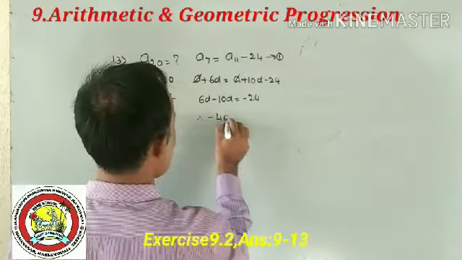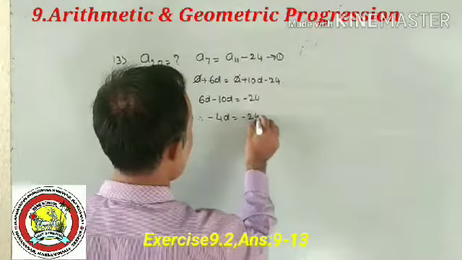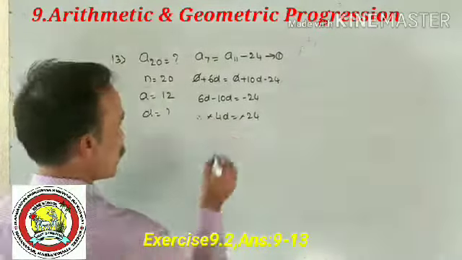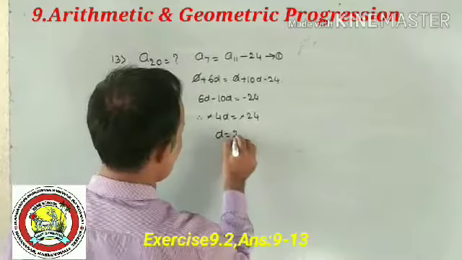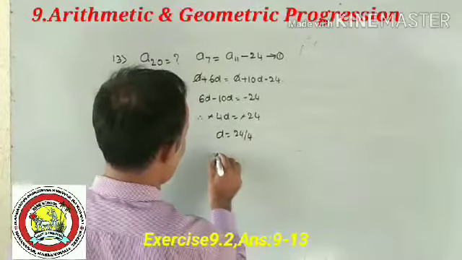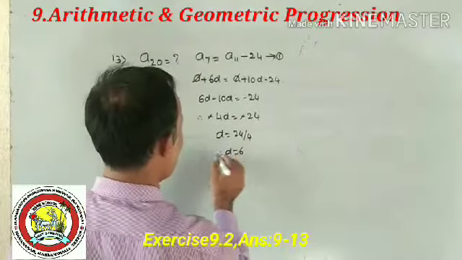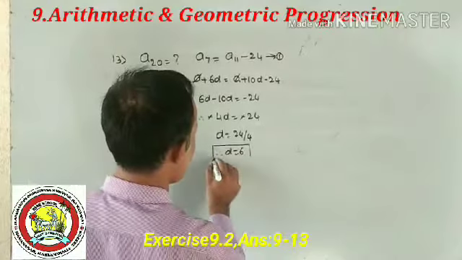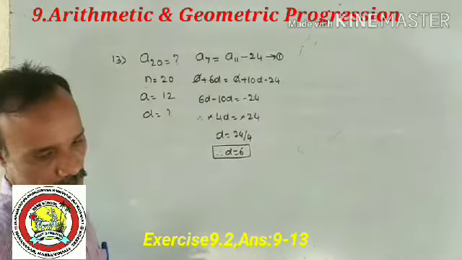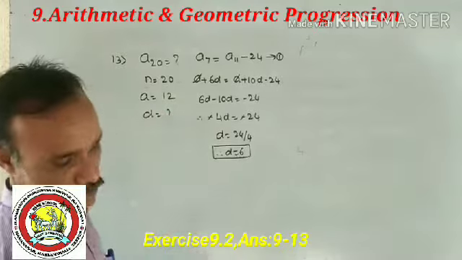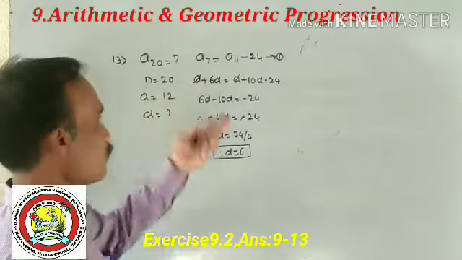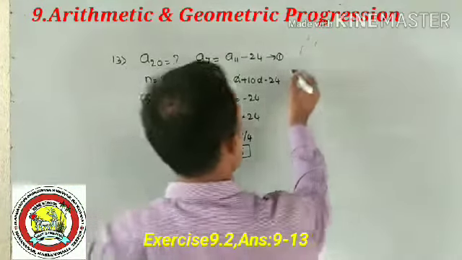Therefore minus 4D is equal to minus 24. Minus gets cancelled. So D is equal to 24 divided by 4. Therefore the value of D is equal to 6. If D is equal to 6, we know the value of A. We can write the 20th term easily.